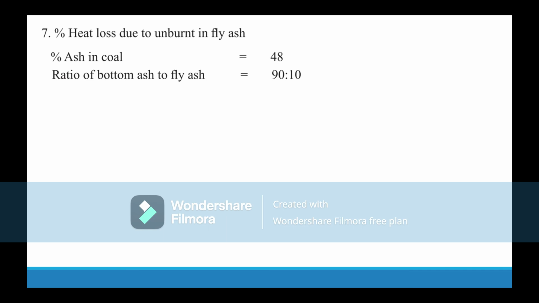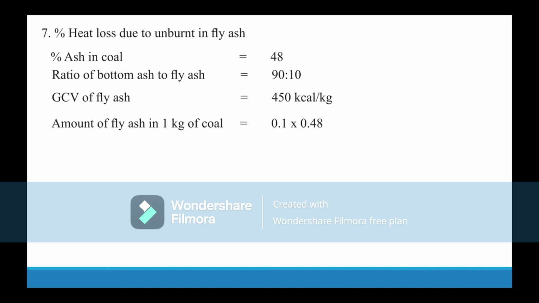The ratio of bottom ash to fly ash equals 90:10. Therefore, gross calorific value of fly ash equal to 450 kilocalorie per kg is available in that problem, and the amount of fly ash in 1 kg of coal equals 0.1 into 0.48, which is equal to 0.048 kg.